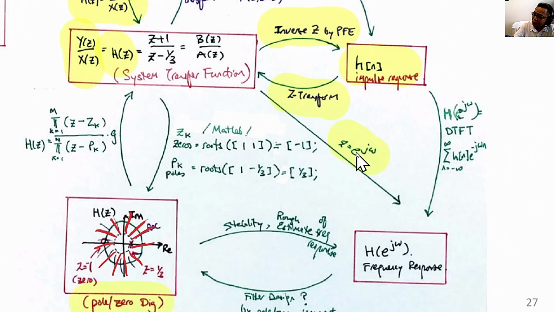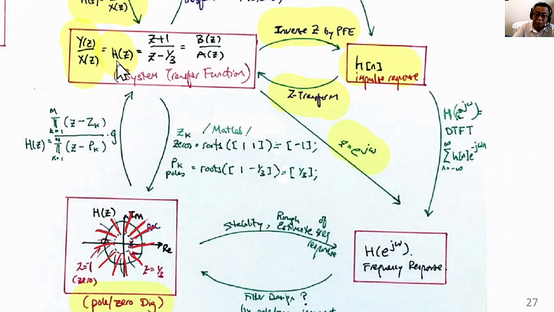What is e to the j omega? It is 1 times e to the j omega, omega from 0 to 2 pi. 1 is the radius 1, which is the unit circle. So simply when we are doing that, H of z where z equals to 1 e to the j omega, we are evaluating the transfer function on the unit circle.